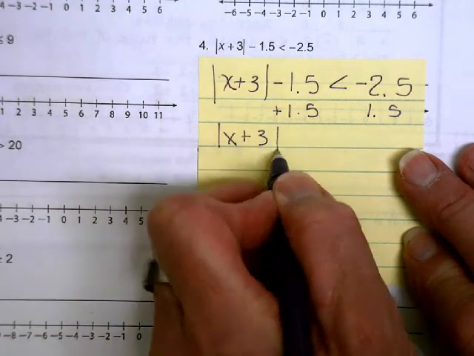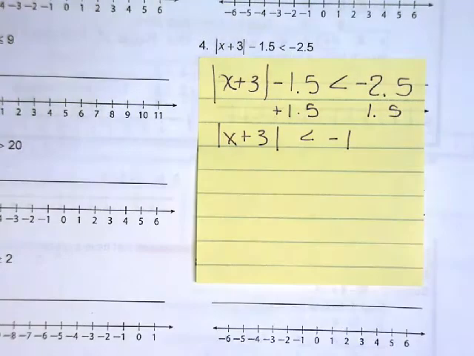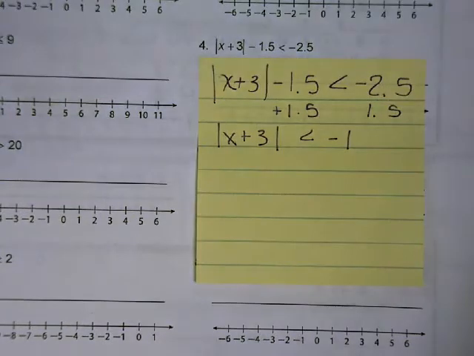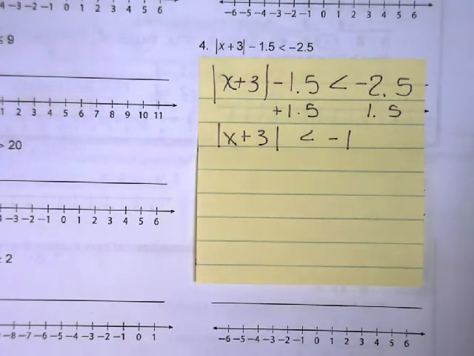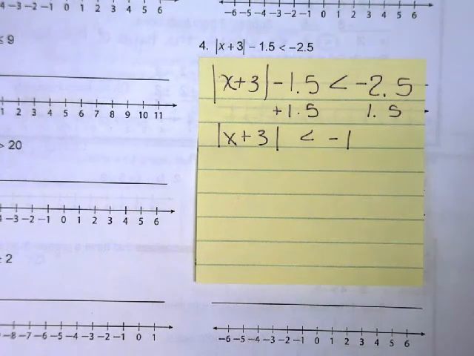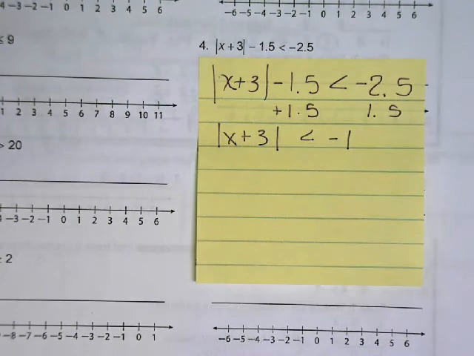And I'm going to add 1.5 bar x plus 3 bar less than negative 1. That's interesting.